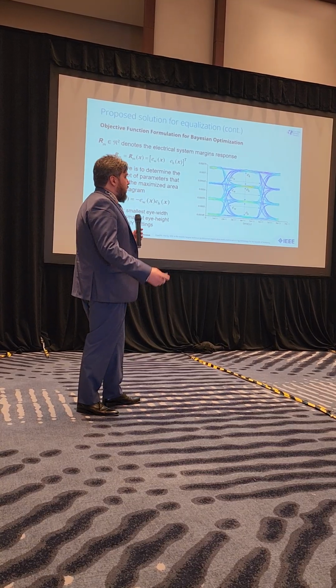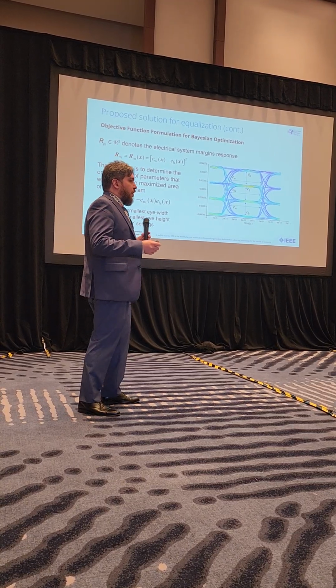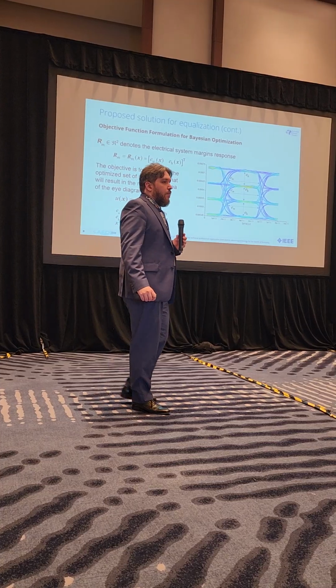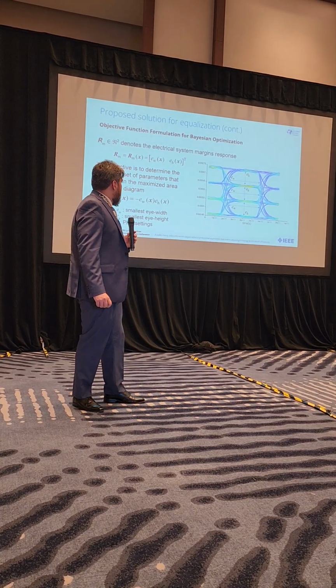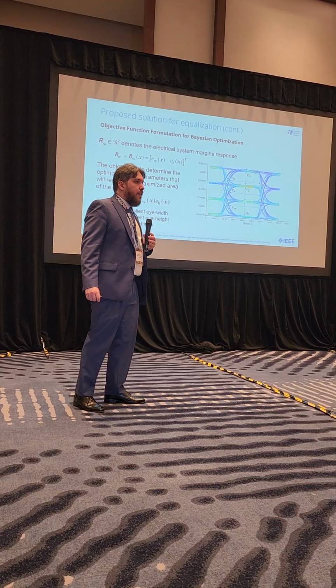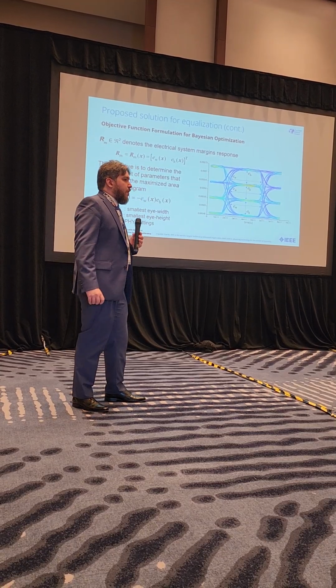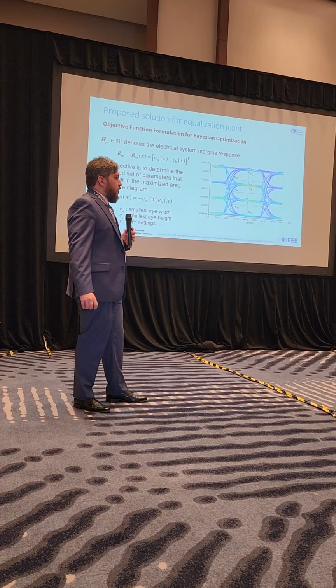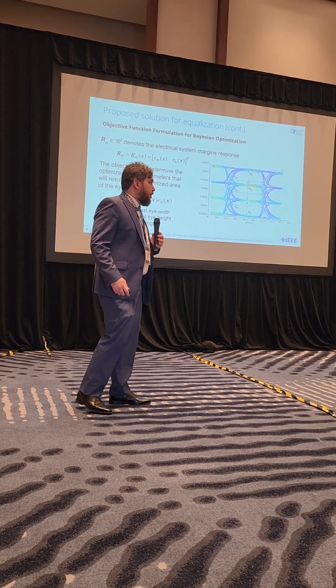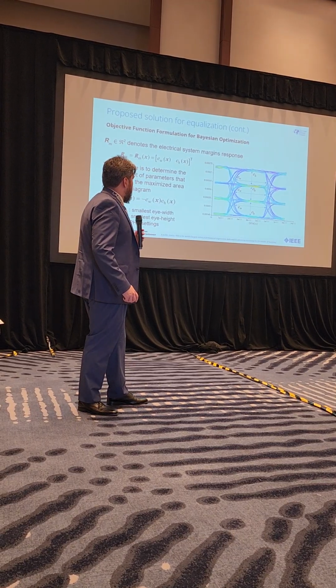In our case, we built a sort of worst-case eye, which is built from the smallest eye width out of the three eyes and the smallest eye height out of the three eyes. This gives us pretty much a worst-case scenario for every simulation, and so that provides us with a much better result once we achieve a final optimized result.